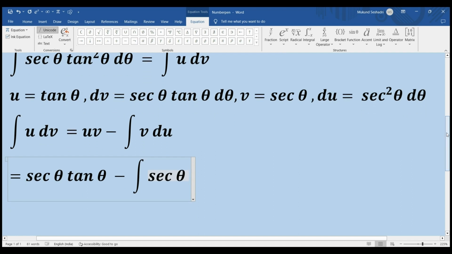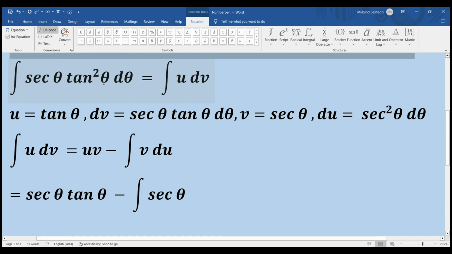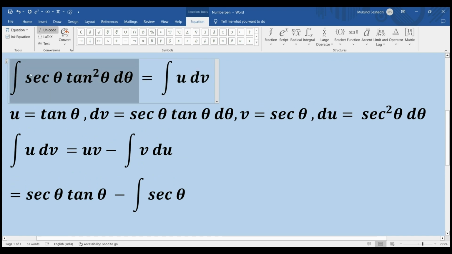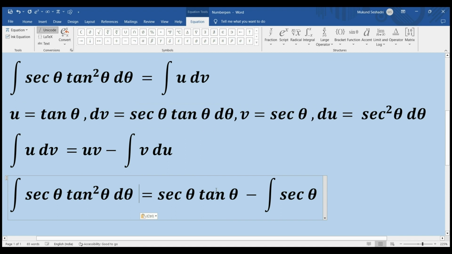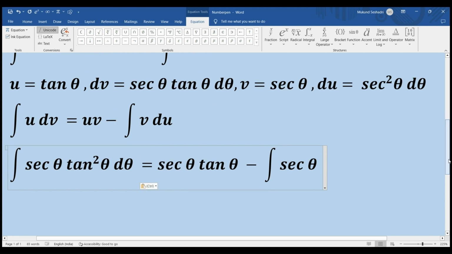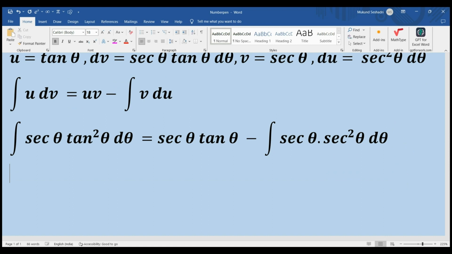It's nothing but 1 plus tan square theta, right? I hope you folks are with me. So what we are actually doing is we have an integral of secant theta tan square theta d theta on our LHS, and on our RHS we have a secant theta tan theta minus integral of secant theta into secant square theta d theta, right? So actually it is a secant cube theta d theta, but I want you folks to watch this very closely. So what I do in the next line is I go to my next line, I still have my LHS, right?